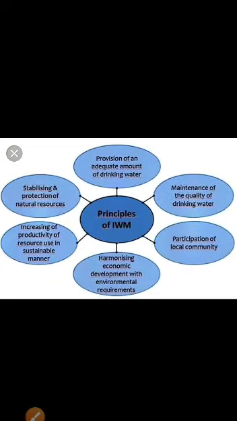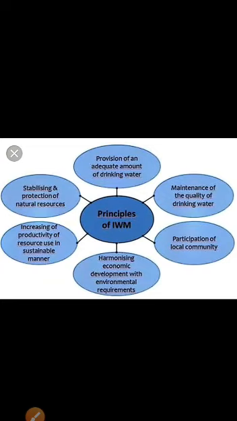The fourth one is harmonizing economic development with environmental requirements. Economic development is related to the environmental requirements. The fifth principle is increasing the productivity of resource use in a sustainable manner. If we are increasing productivity in resource use, we are using natural resources for productivity, so it should be in a sustainable manner.